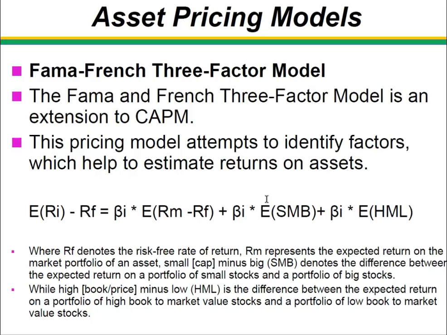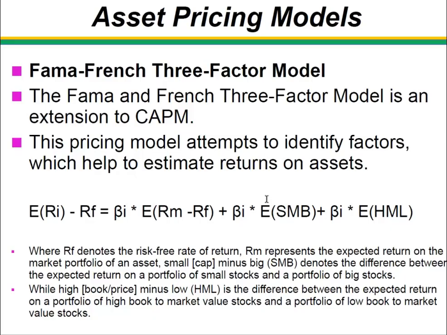The mathematical expression is expected return on asset i minus the risk-free rate is equal to beta_i times E of the market return minus the risk-free rate, plus beta_i times E of SMB, and we'll explain what that is, plus beta_i times E of HML. So R_f again is the risk-free rate of return.